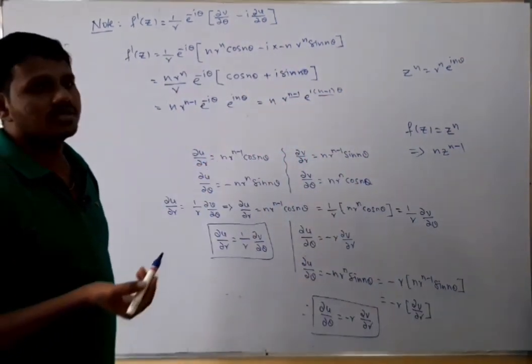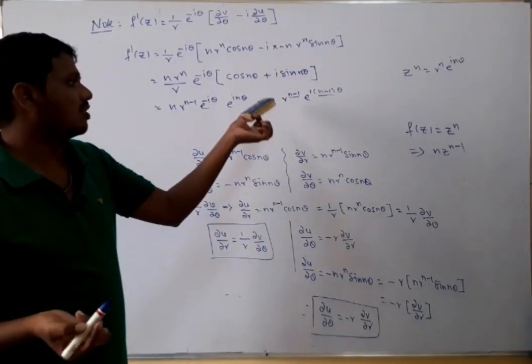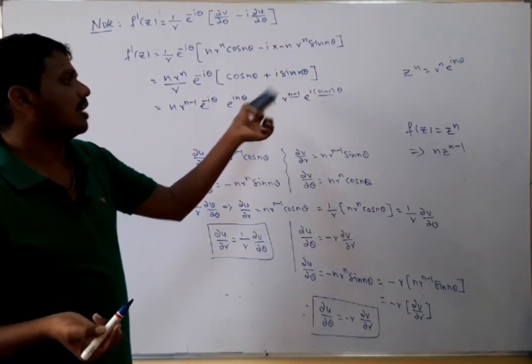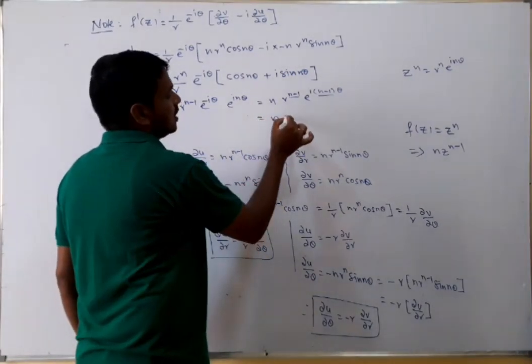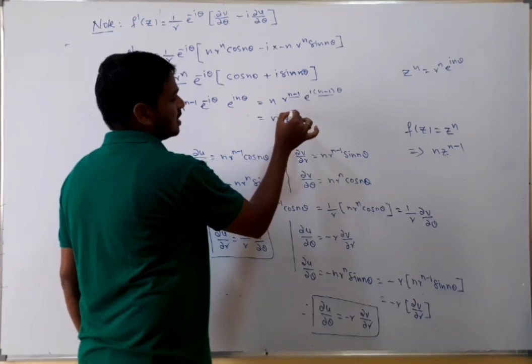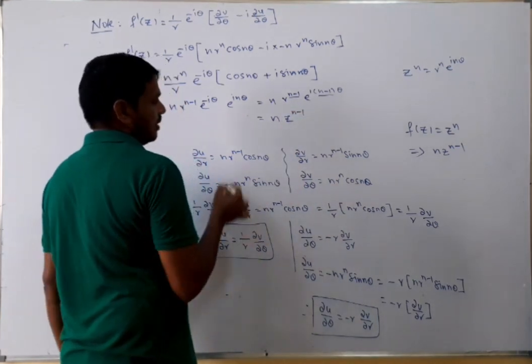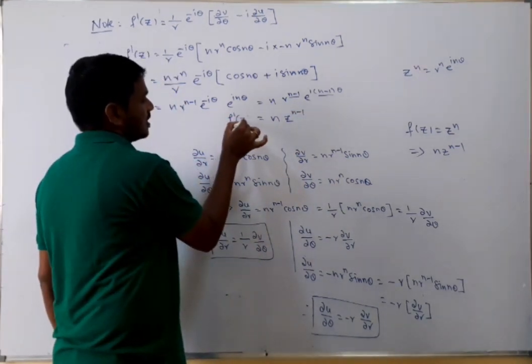If I take n minus 1 equal to p, it is in the form of r to the power of p e to the power of i p theta. So this can be written as n into z to the power of p, and z to the power of p is nothing but z to the power of n minus 1. This is our f dash of z.